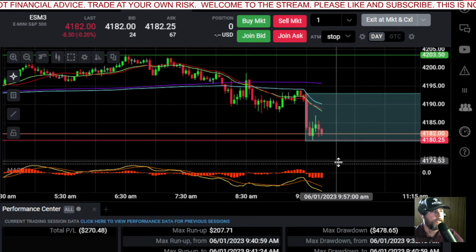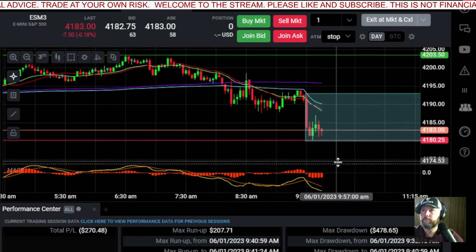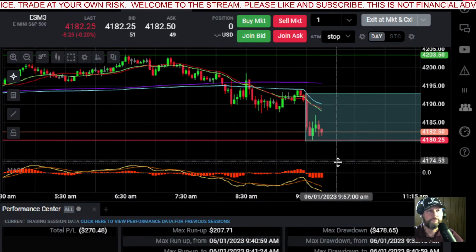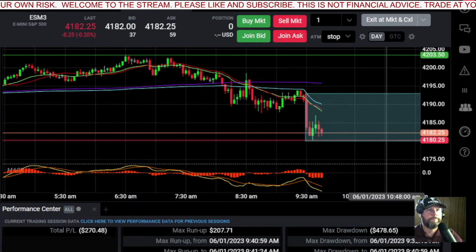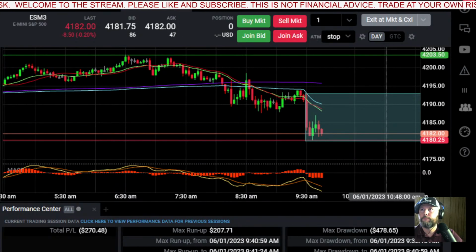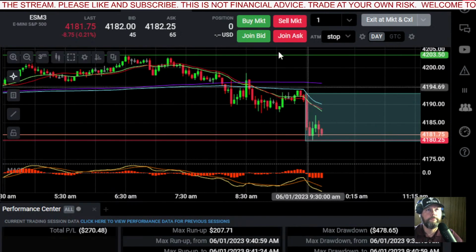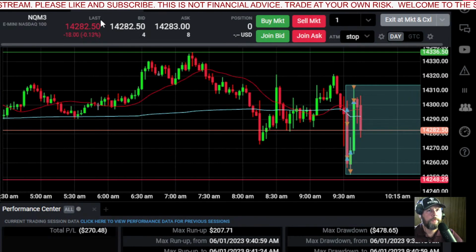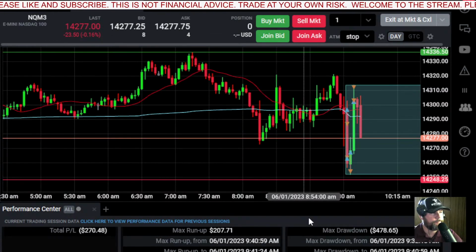The ES starts to sell down here, possibly going to move down to the 70 level. Nasdaq holding up a little better here so far.